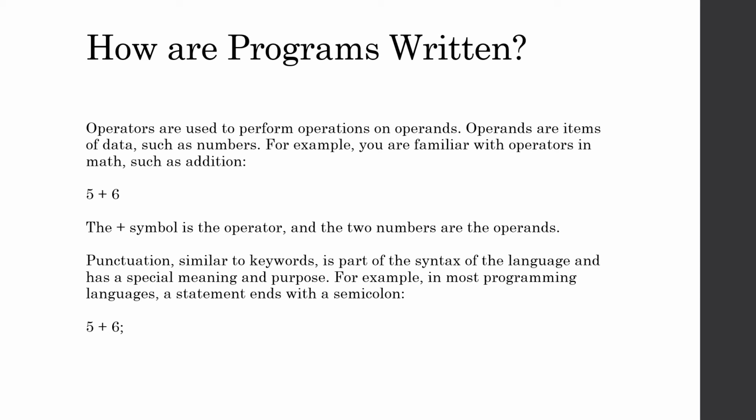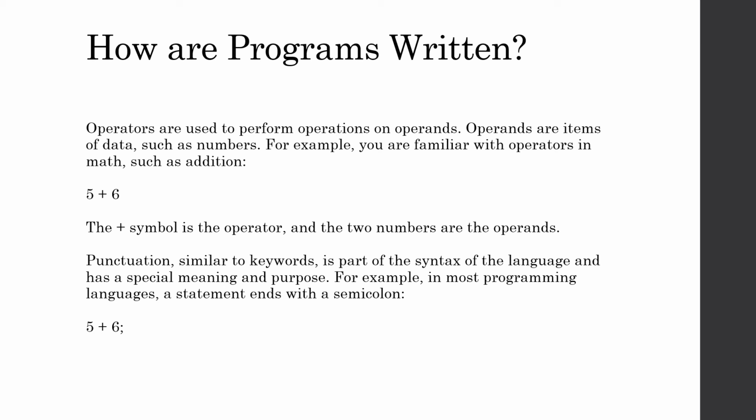Our punctuation, similar to our keywords, is going to be part of the syntax of the language, and most of the punctuation marks have a special meaning and purpose. For example, in most programming languages, but not all of them, Java being one that does include this rule, your statements are going to be ended with a semicolon.